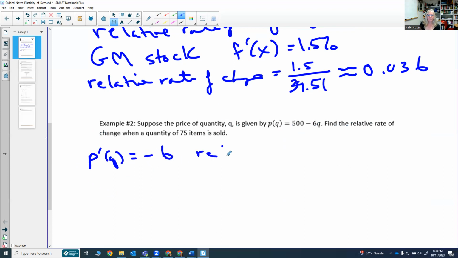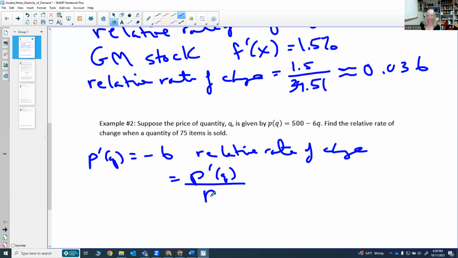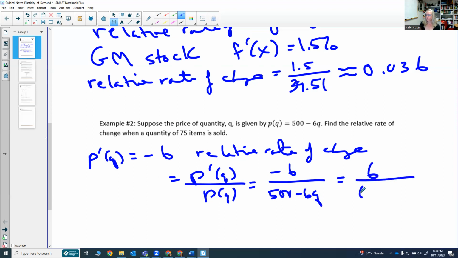So the relative rate of change is equal to P prime of Q over P of Q. That will be negative 6 over 500 minus 6Q, which is 6 over 6Q minus 500 if you just switch it around.